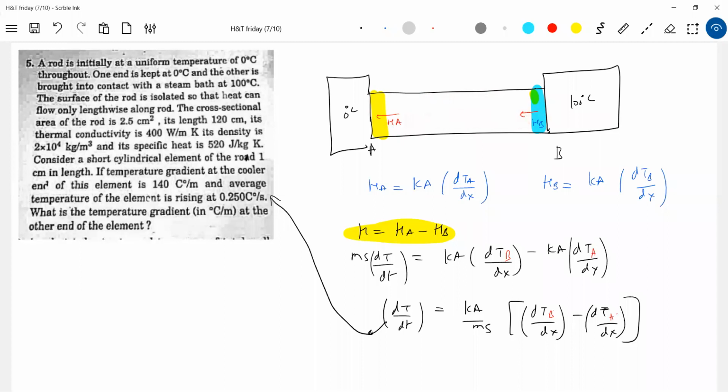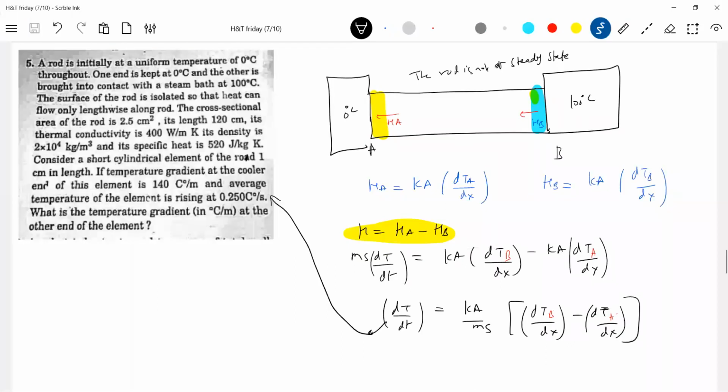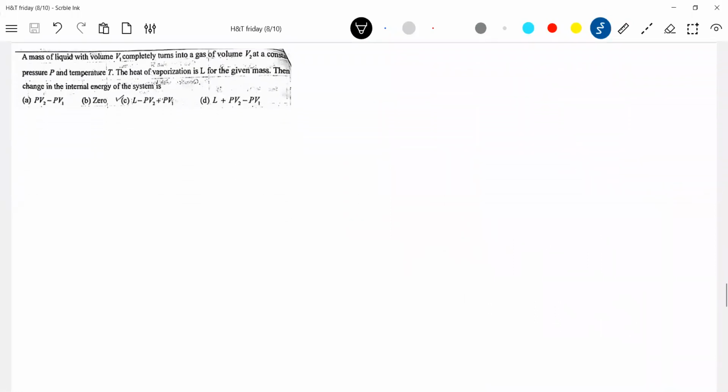Agree? So this is not at steady state. The rod is not at steady state. We can't integrate anything else. Come to this. Okay, now I'm testing your basics again.